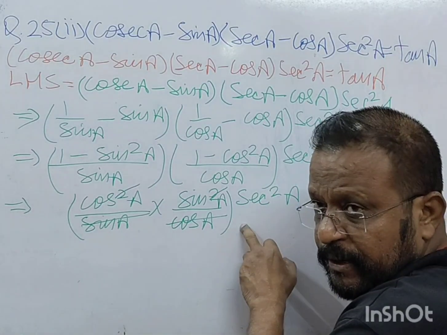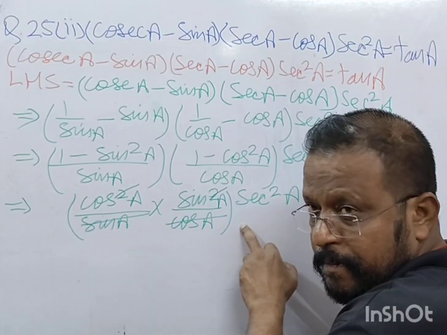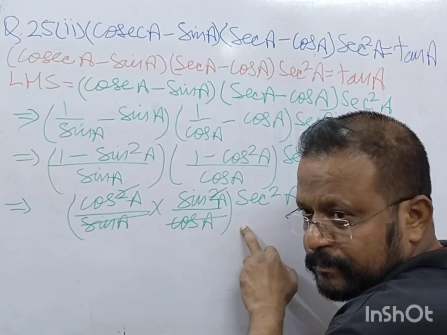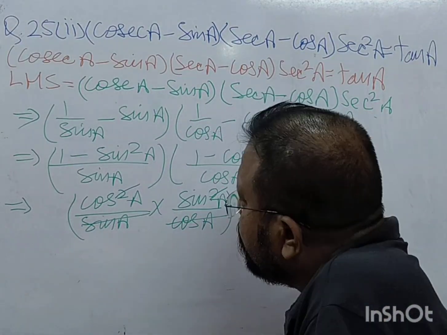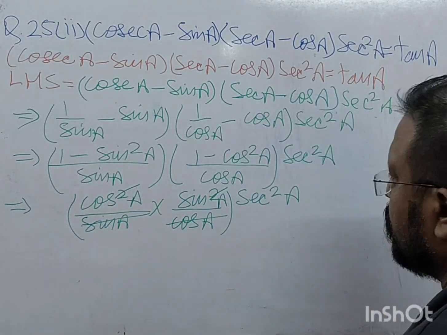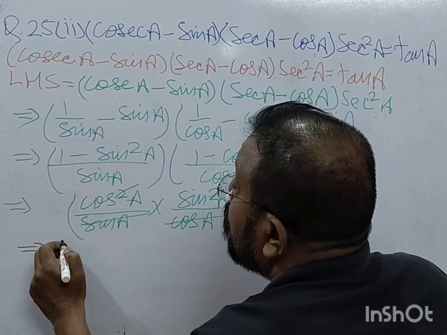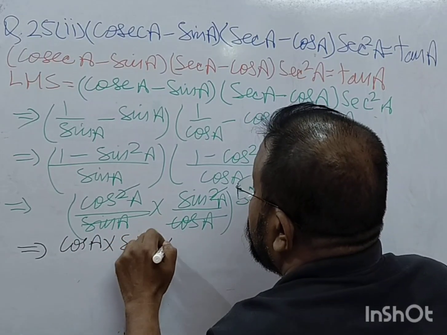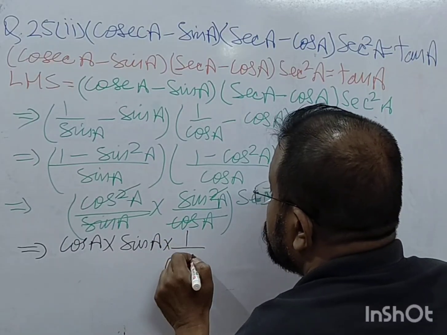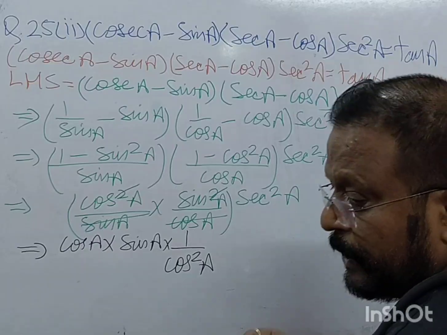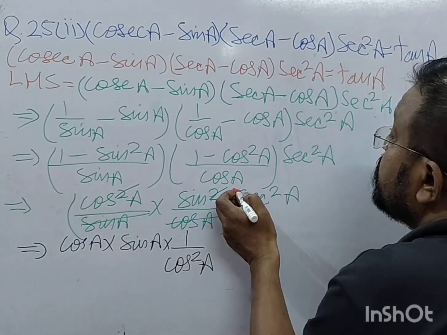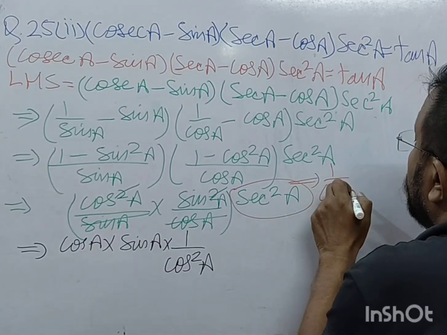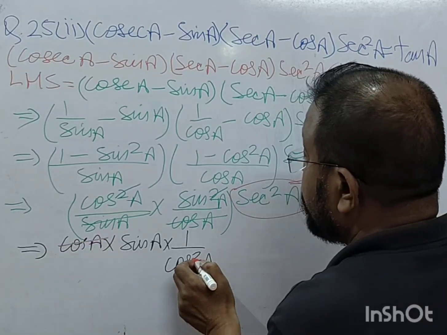It is 1 upon sec square A. Okay. So now you can write cos A into sine A into 1 upon cos square A. This sec square A is converted into 1 upon cos square A, and this cos A is cancelled with this.